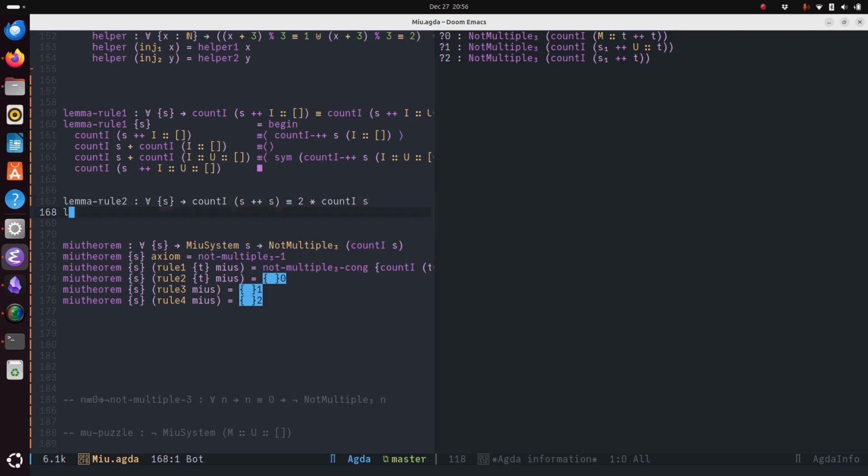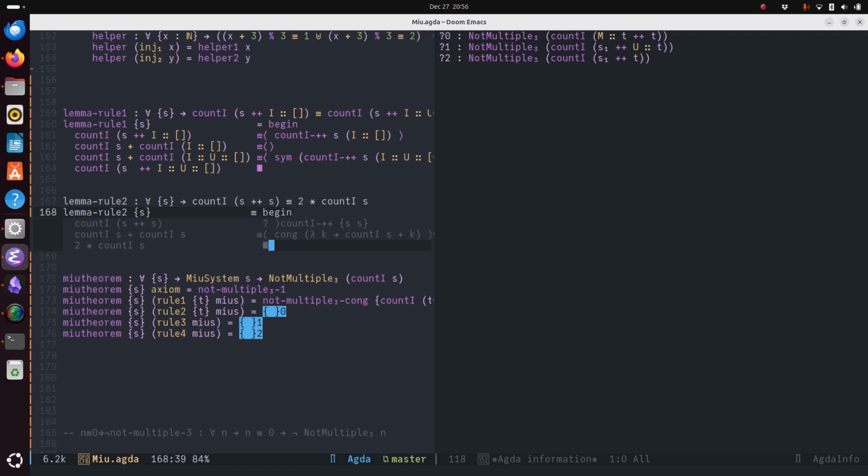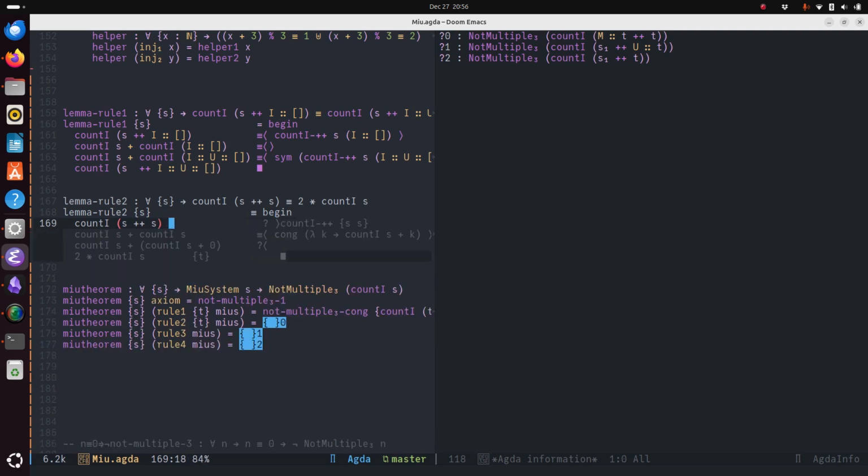Count I of s. Let us prove this lemma, which says that concatenating a string to itself, the count I gets doubled. This should be easy now.